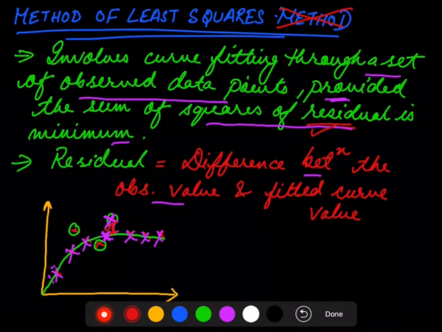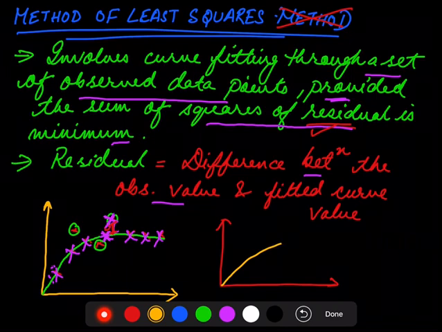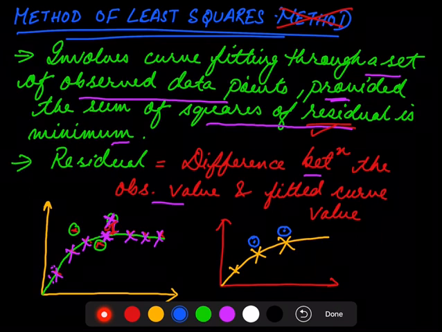That means if this is a graph and you have plotted a curve, there will be many data points lying in and around the curve. Residual means the difference between this point, which is your observed value, and the fitted value.